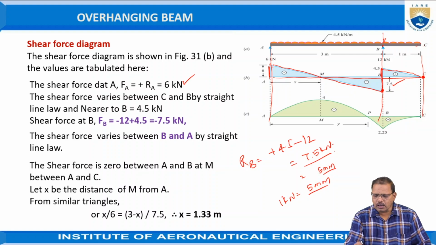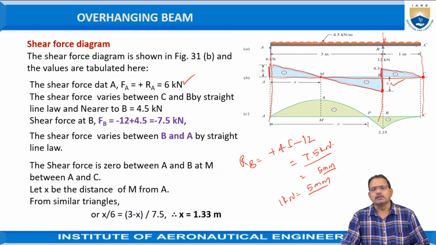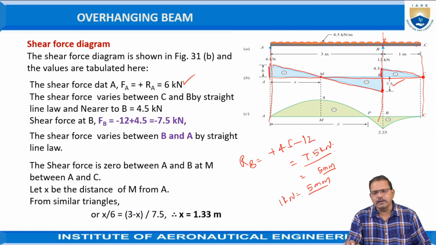Now, the shear force crosses the axis of the beam at a point M. That means at this point the beam possesses the maximum bending moment. This point can be located by using two similar triangles.